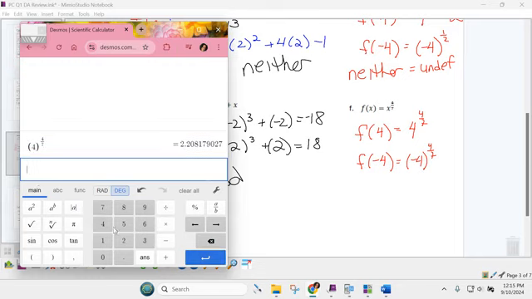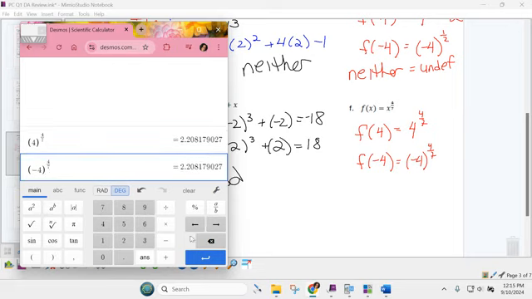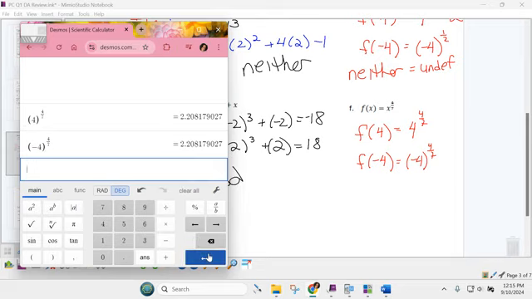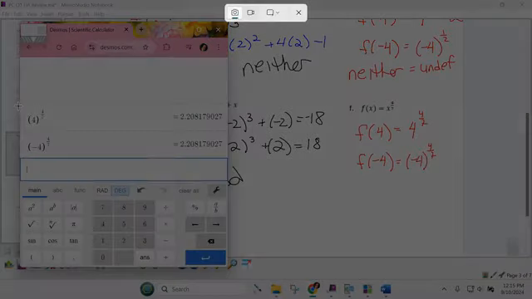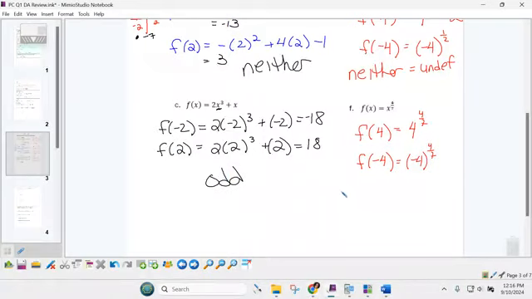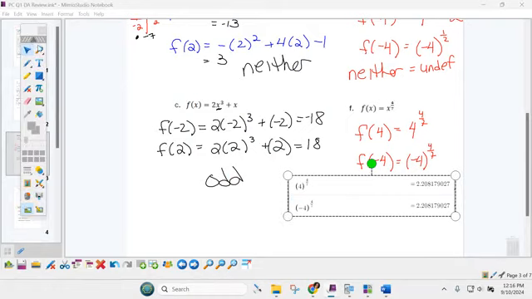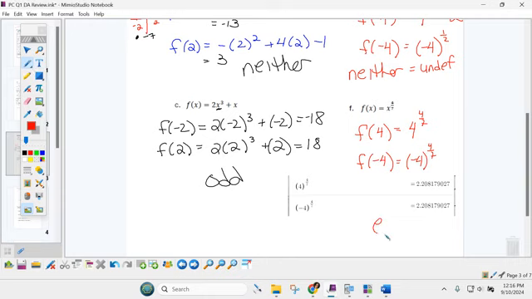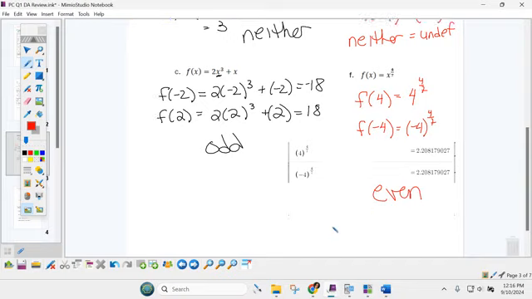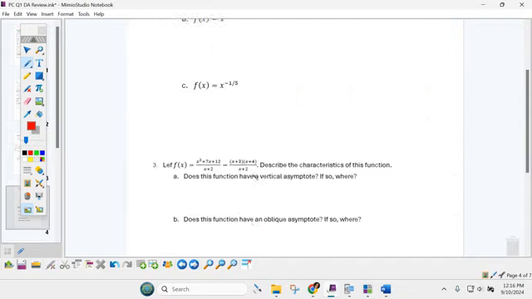All right, we'll see. All right, let's do negative 4. I'm not going to write that whole number on my paper just yet. Oh, look at that. Both values are the same. There you go. Now I didn't have to write it. Both values are the same, so that means even symmetry.